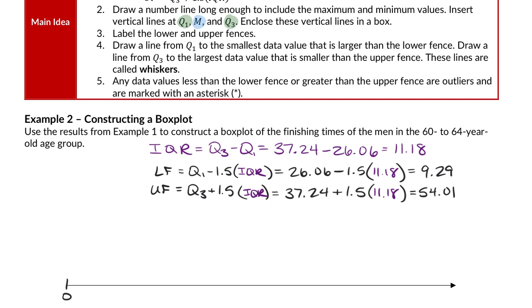What's the largest number in my data again? 54.63. And then the upper fence is at 54.01. So I'm just going to make this 60 just to make it easy for myself. So from 0 to 60, which means halfway would be 30. And then if we give this 10 and 20, there's 30, here's 40, here's 50. We're just going to try to make it as best as possible on this number line.